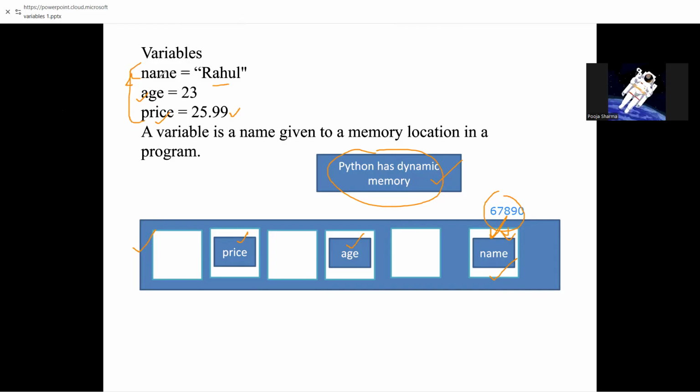So it automatically knows that, okay, Rahul is a string, so it will give space to a string. Age is 23, a number, it will give you that. Price is 25.99, that's a float, it will automatically give you the space. Okay, so this is what a variable is.